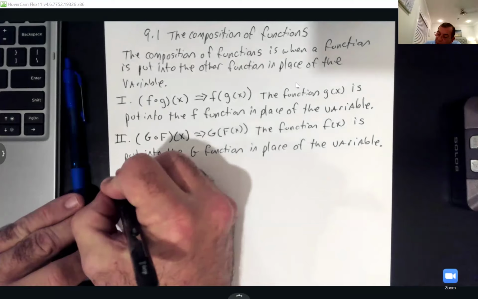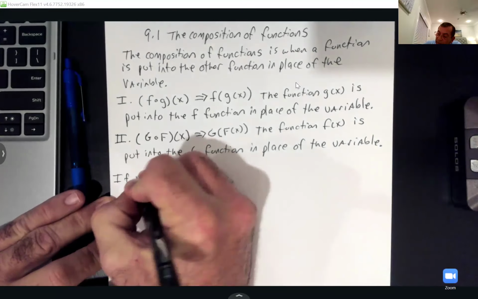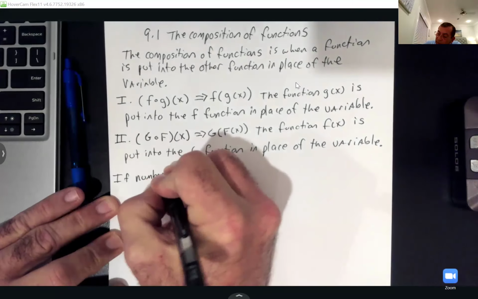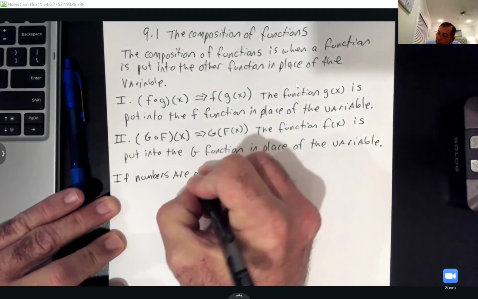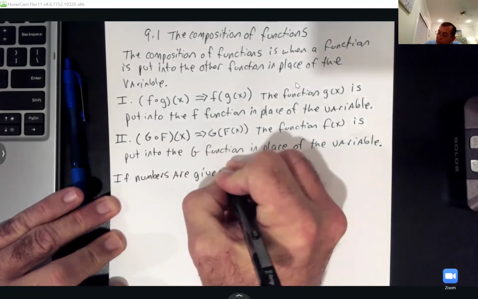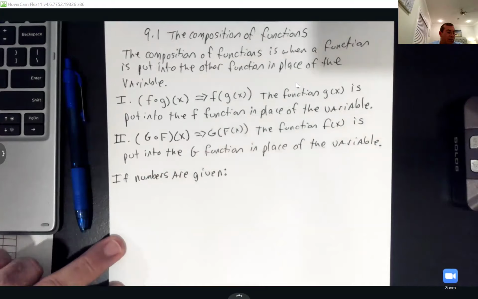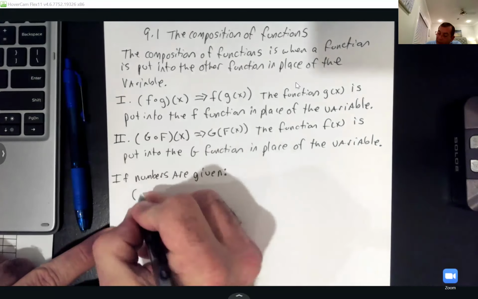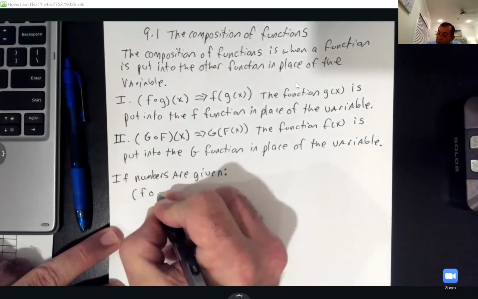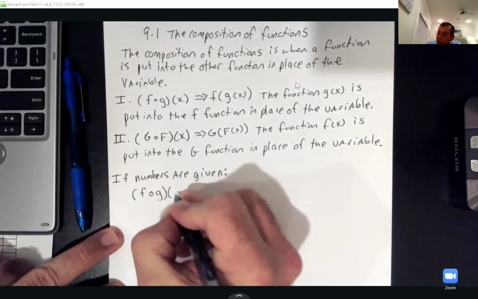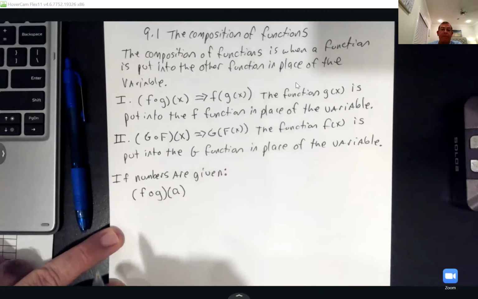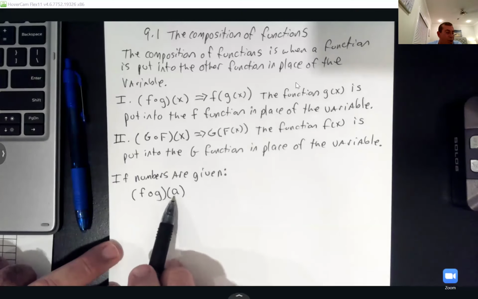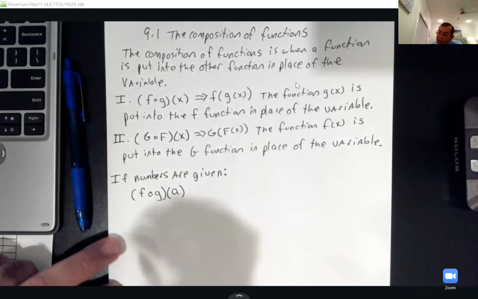So if numbers are given, first we'll look at f compose g of some number A. So say they gave me some number A, and we'll just use the A to represent any number.